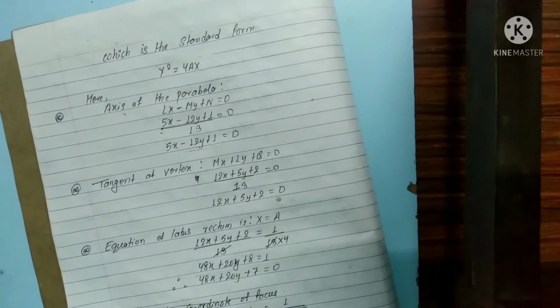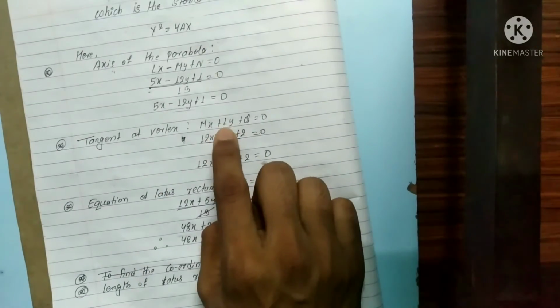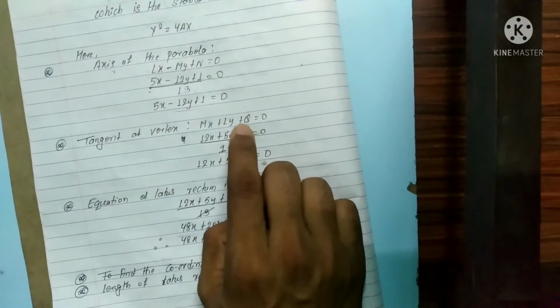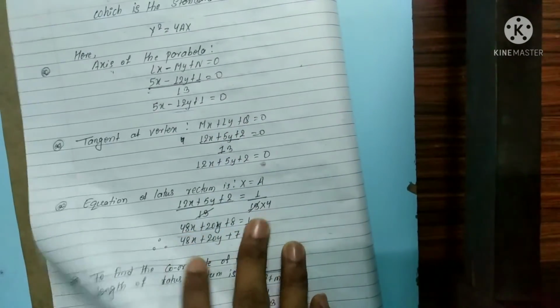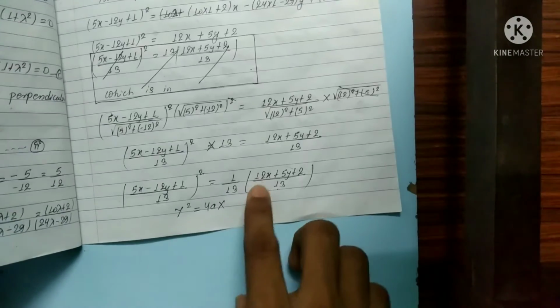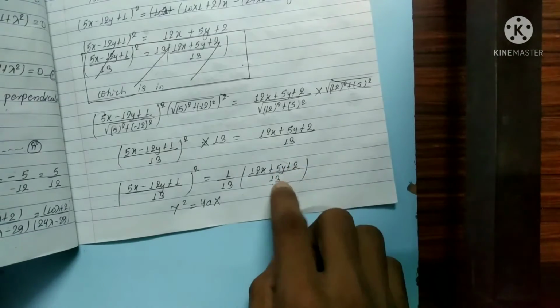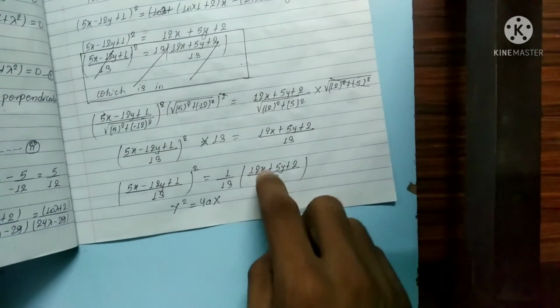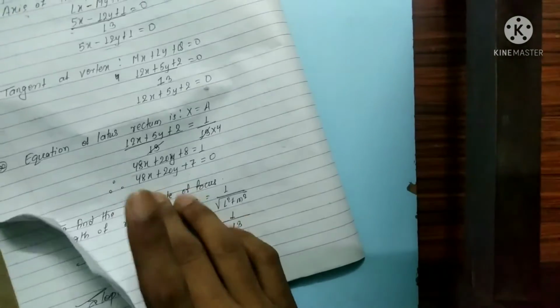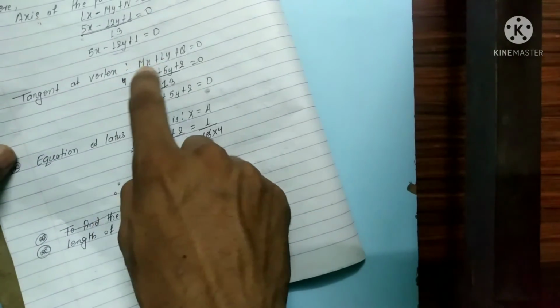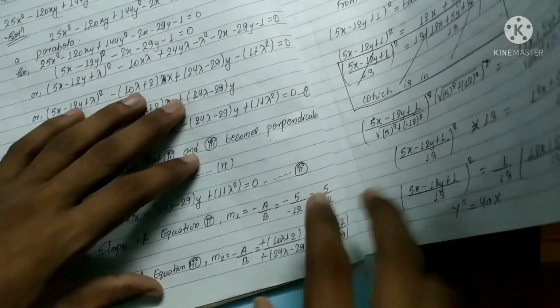Now we go to the tangent at the vertex. The tangent at the vertex is mx plus ly plus q is equal to 0. We go to see that position. 12x plus 5 by 13 plus y is equal to 12, which is a tangent of the parabola in that form.